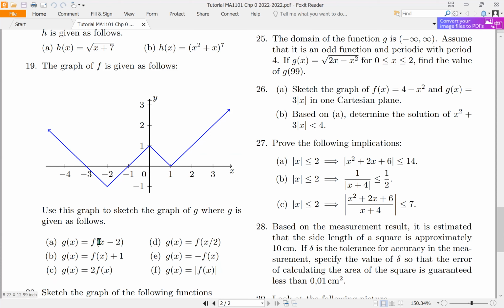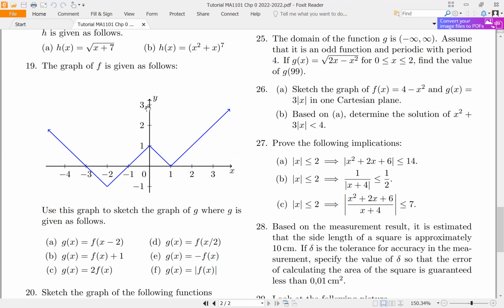Similarly for 19b, if you consider the translation with respect to the y-axis, just move the graph of f 1 unit above. Of course, if you replace the plus sign here by a minus sign, then you have to translate the graph of f 1 unit below.